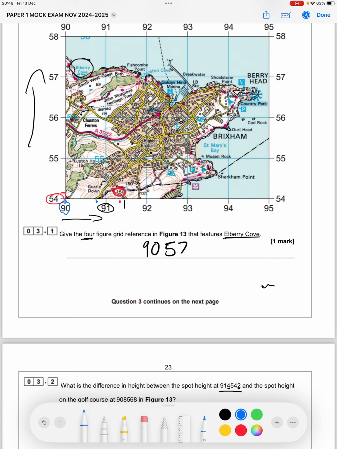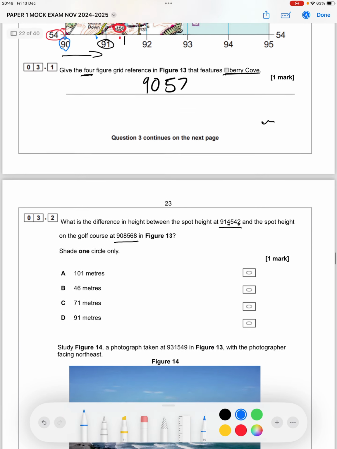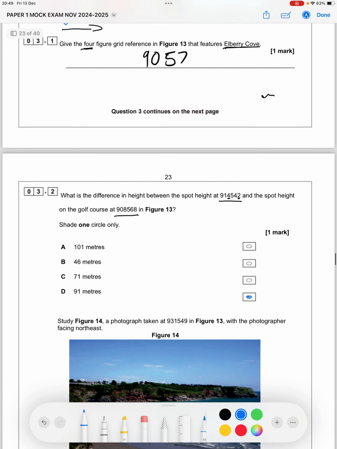And 56.8 is up here, so we've got 56, and it is about there. So if we have a look, we can see our spot height is there. So we just need to find the difference between the two, which happens to be 91.